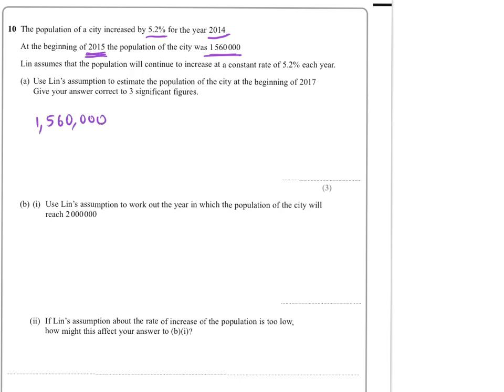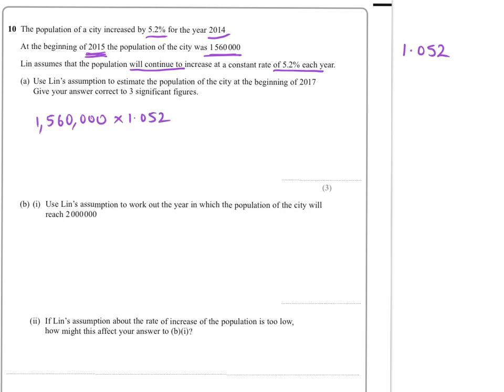Lynn assumes that the population will continue to increase at this 5.2% rate. So if you want to increase something by 5.2%, then you can times it by 1.052. Okay? So if we times that by 1.052, what will that do?